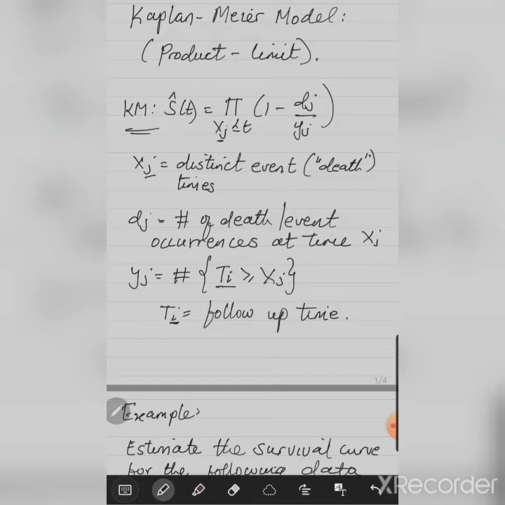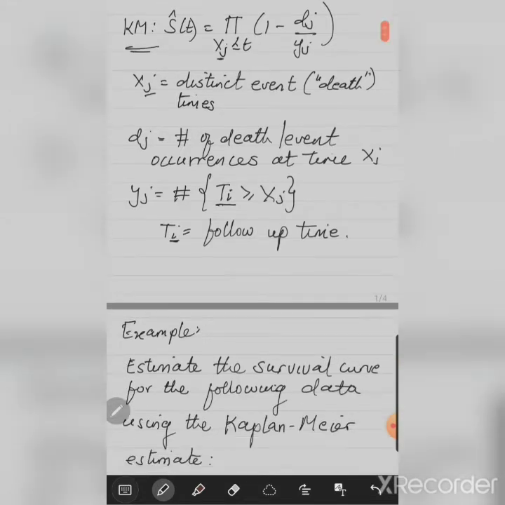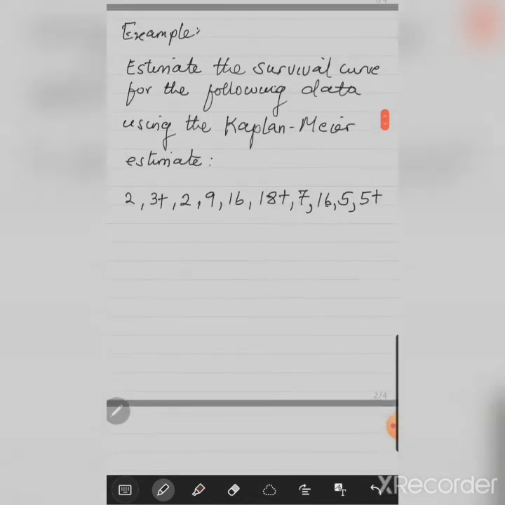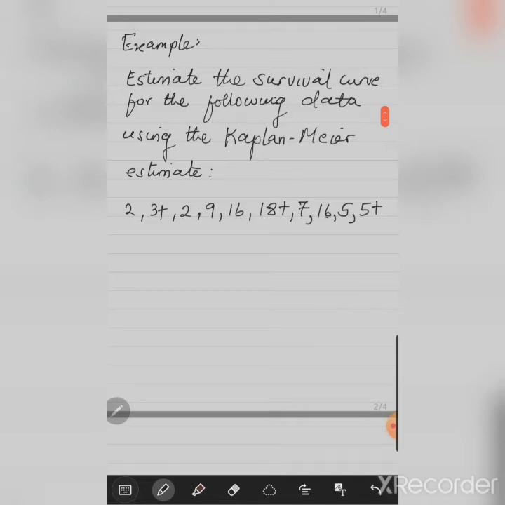Let's go ahead and get into estimating the survival function. The first thing I'm going to do for my 10 observations is order them. If we order them, we have 2, 2, then 3 plus. This plus means that the observation is censored.